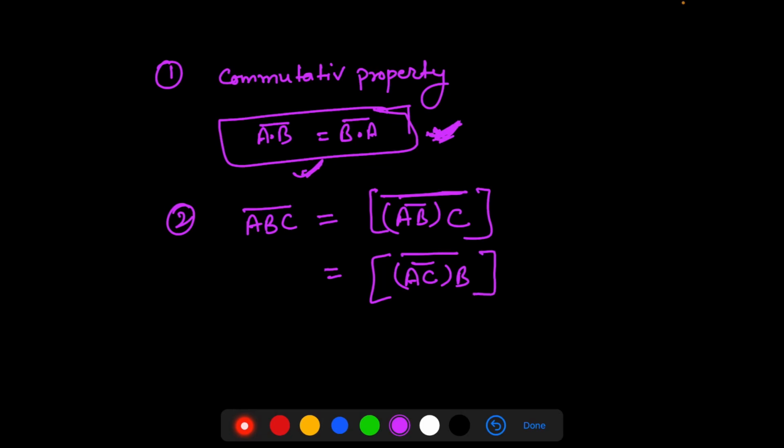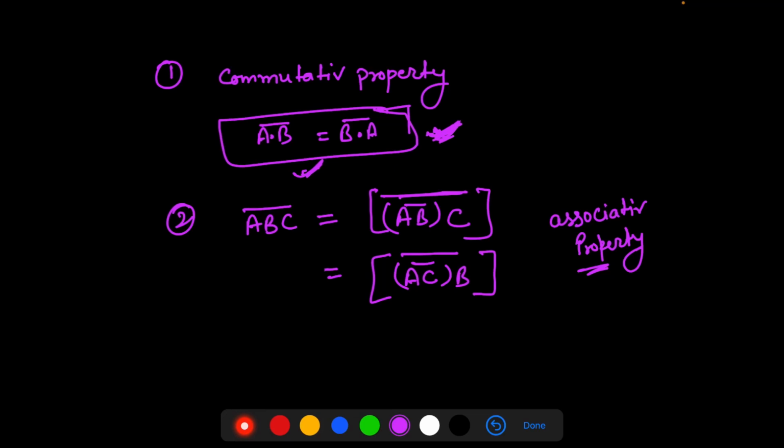This is your homework, you have to find out whether these are true expressions or not. If these are true expressions, it follows the associative property. If this expression is not true, then they are not following the associative property.